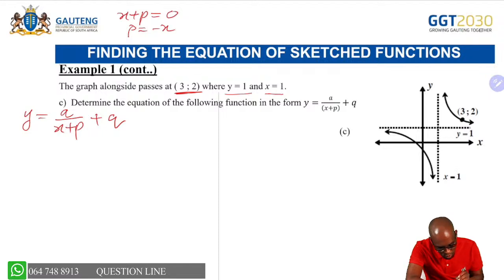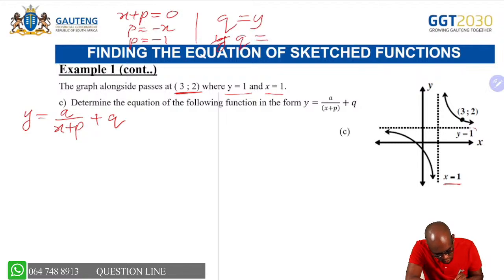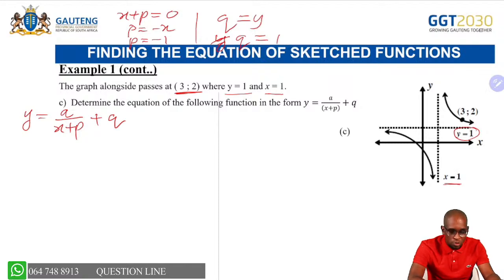Since you are given x is equal to 1, p would be negative 1. And then y would be equal to q, so q is equal to 1, since y is 1 is the horizontal asymptote.